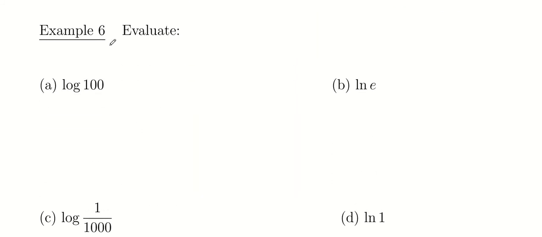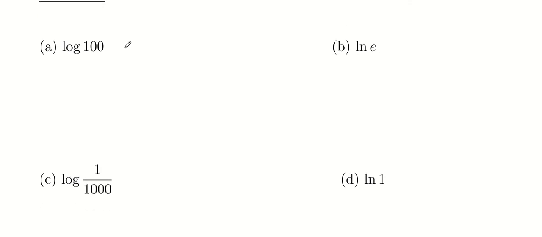Let's take a look at example 6. We want to get some practice evaluating some of these. In example A, let's find log of 100. If you struggle and don't know what it is, go ahead and convert it to an exponential statement. Let's say that log of 100 equals x. And if it helps, we can explicitly write in the base here.